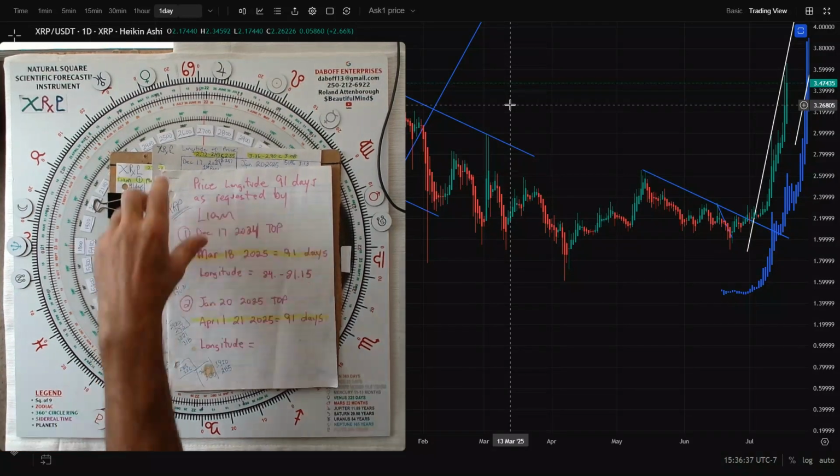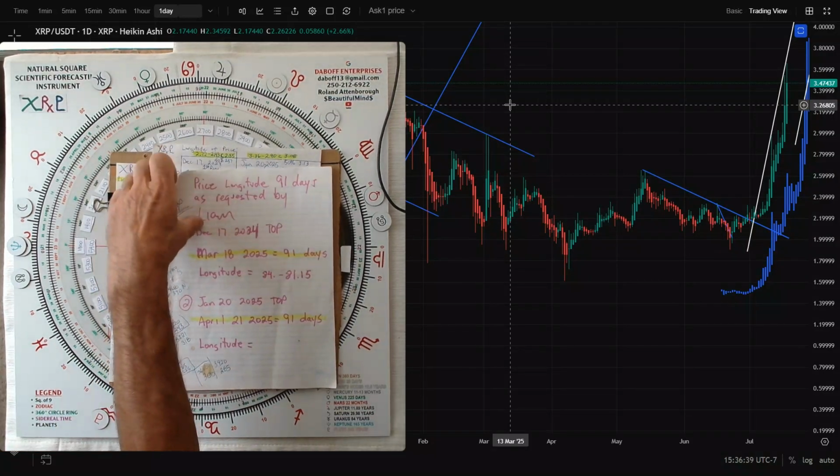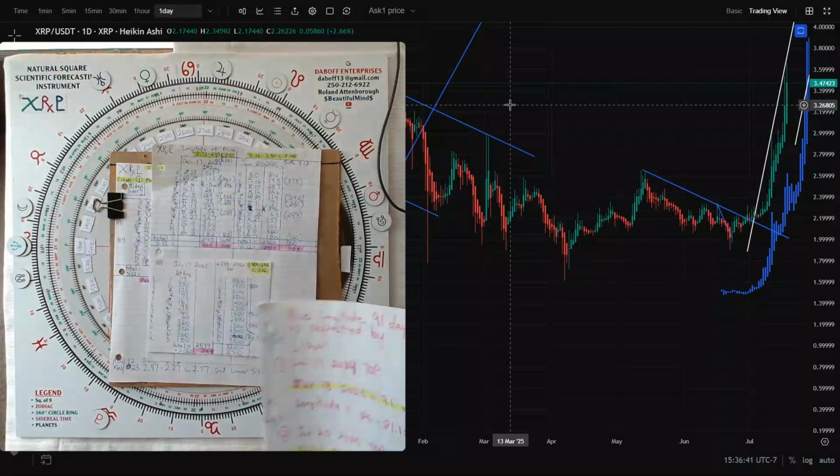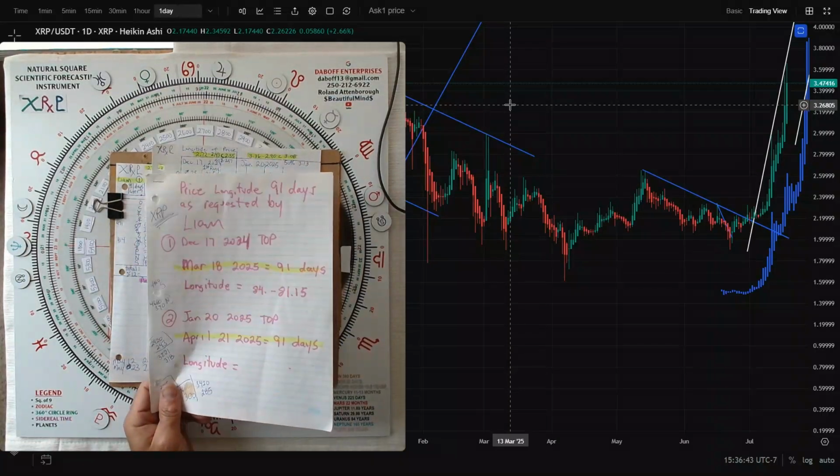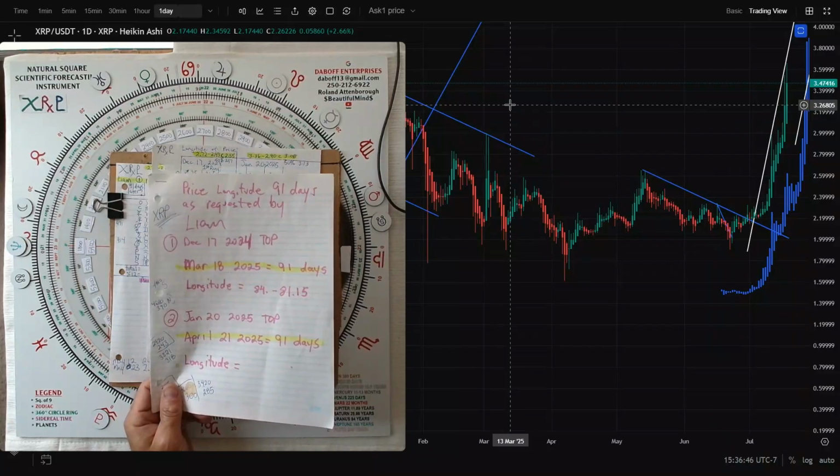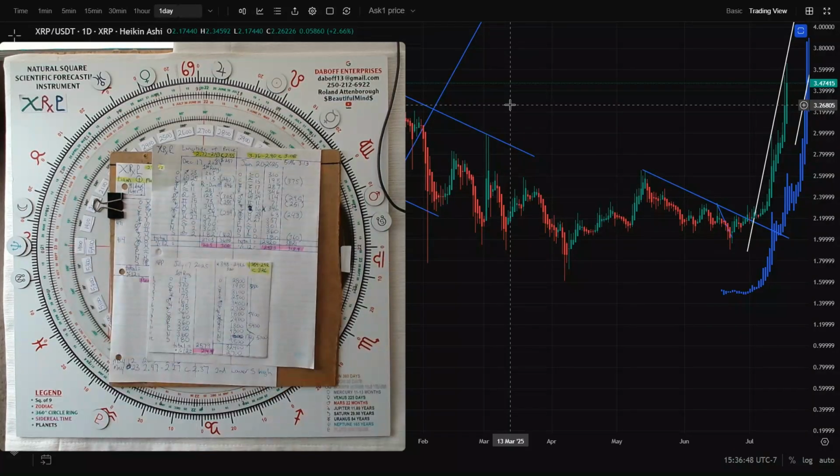So, to my XRP community, let's get going. We're going to talk about longitude and how to do this. I wrote out all the work ahead, so let's revisit it.